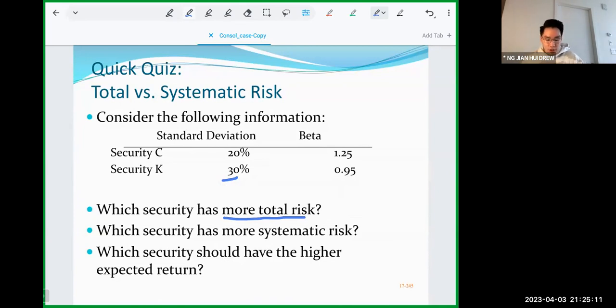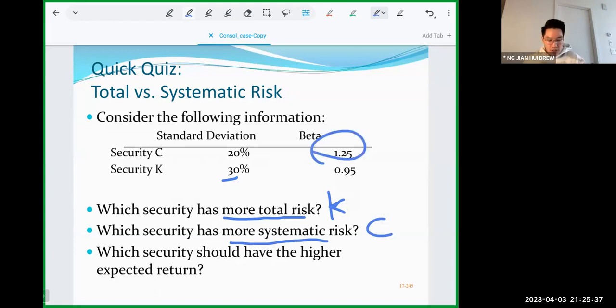The next question, which one has more systematic risk? Okay. C, that's right, C, because of the beta.